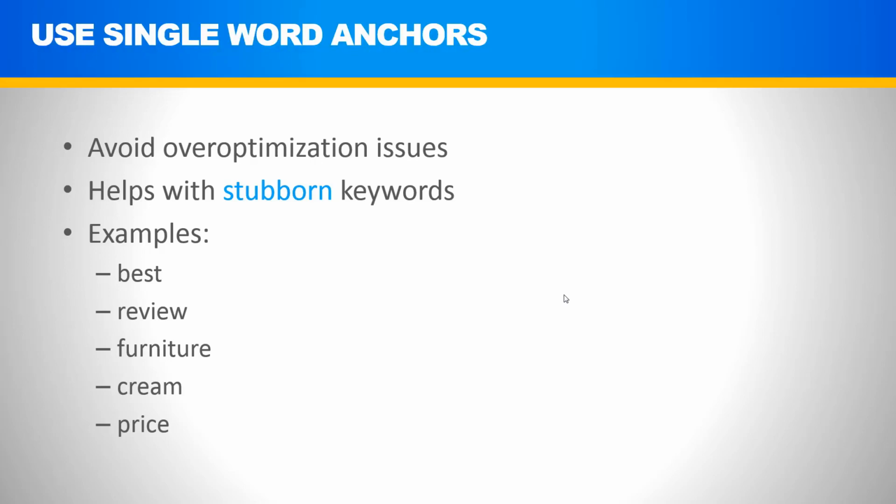Like maybe I've sent too much best vitamin C or vitamin C serum reviews or what is the top vitamin C serum, all these variations. Sometimes when you get stuck, you can break things up by just sending a single component of the anchor text. So just the word best or just the word vitamin C or just the word review and get some movement there.